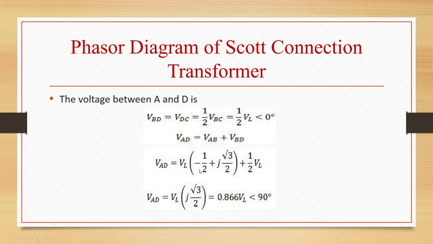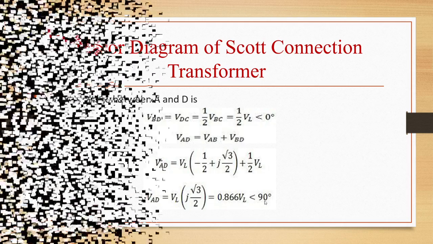I am taking VL as common, so minus 1 by 2 plus j root 3 by 2 plus half. The half and half get cancelled. So j root 3 by 2, the value root 3 by 2 is 0.866 VL. 0.866 VL at 90 degrees.